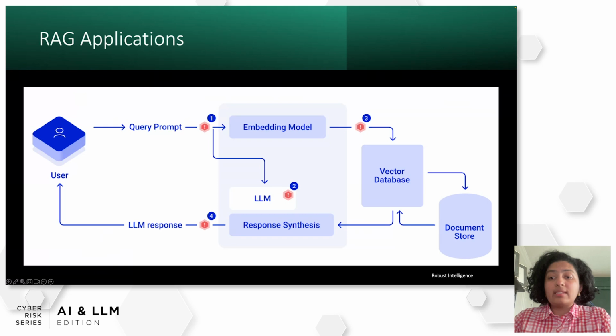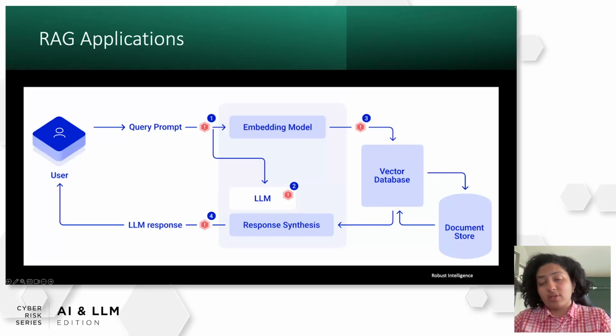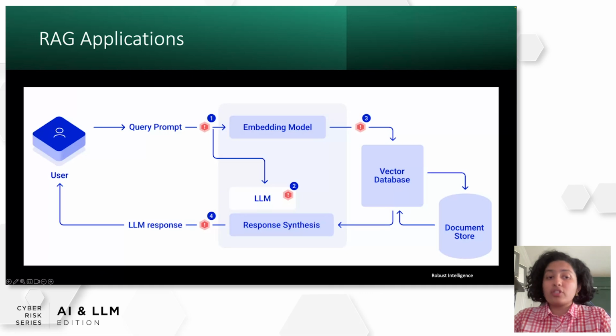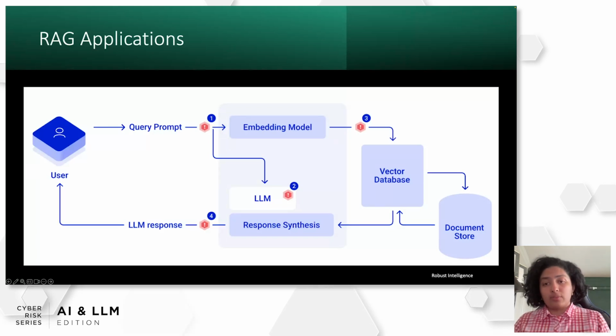There could be some sort of data poisoning, again, if there is a malicious attacker providing some untrusted input into the document store. And then there could be a lot of vector database related threats itself, such as reverse engineering from embeddings. But those are all very component-based threats, and then it's really important to look at some of the system-based threats.